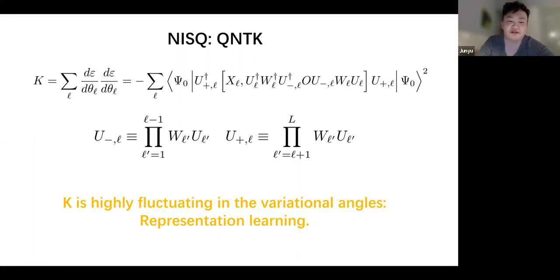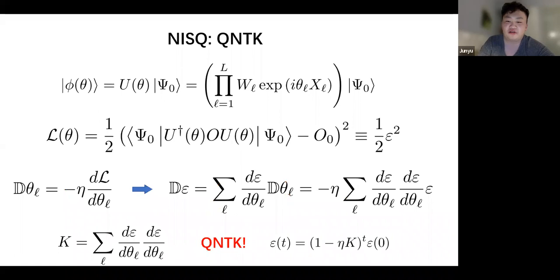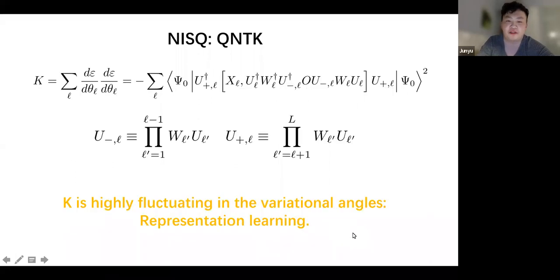This is a term that we call representation learning, which I will briefly explain if I have time later. But in general, the point is that this quantity is changing, making the solution not easy to solve, and it may not have closed form formulas.